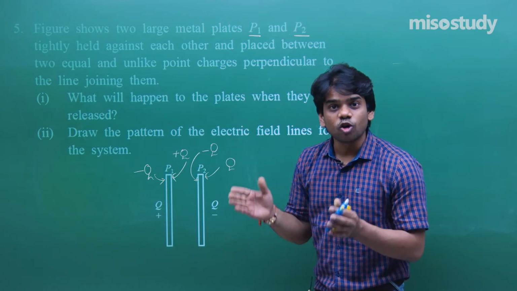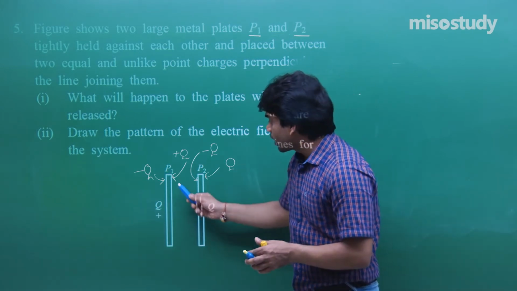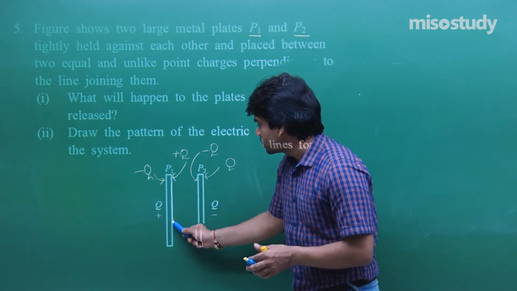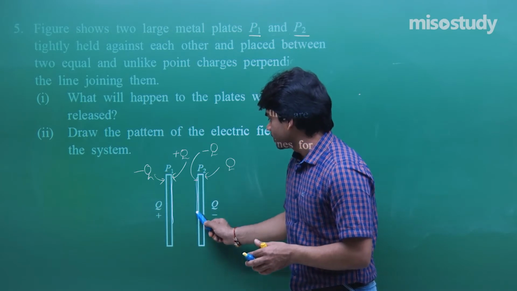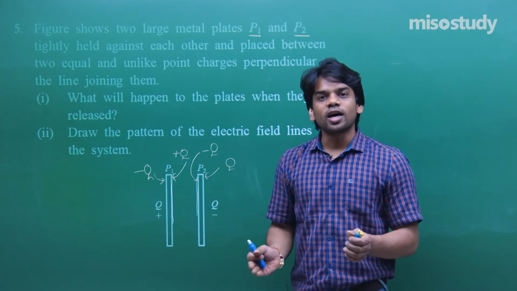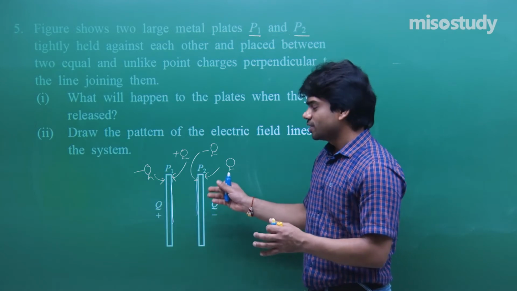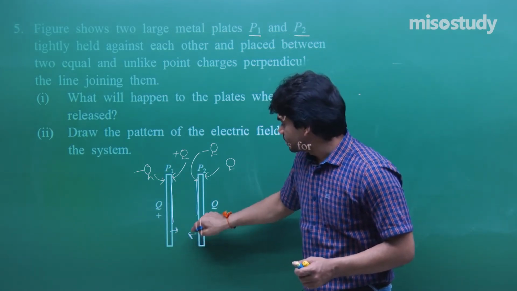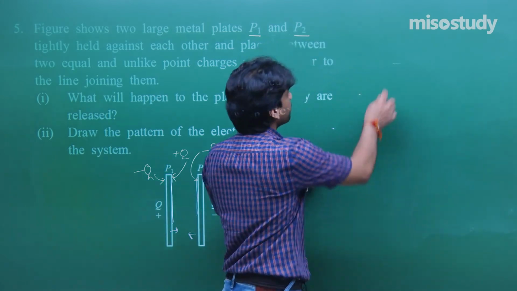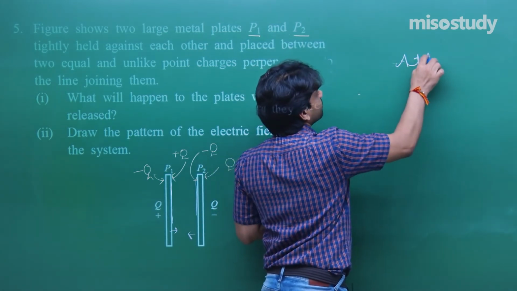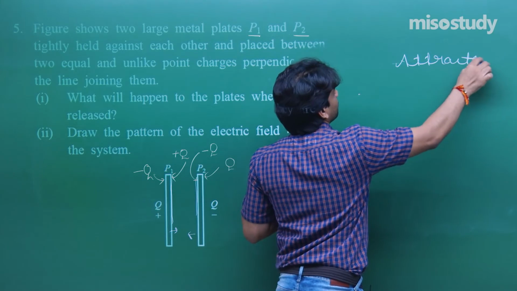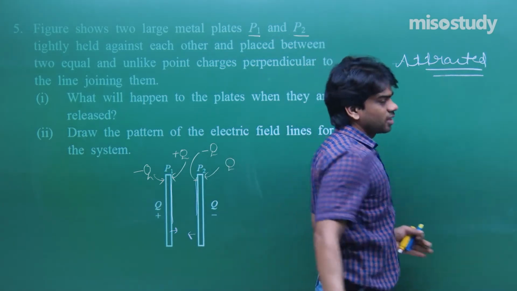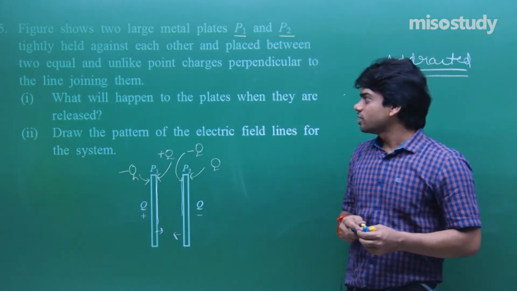Since opposite nature charges are appearing on this part and on this part, these both are going to attract each other. First case we got, they will be attracted towards each other, and they are going to come near to each other.